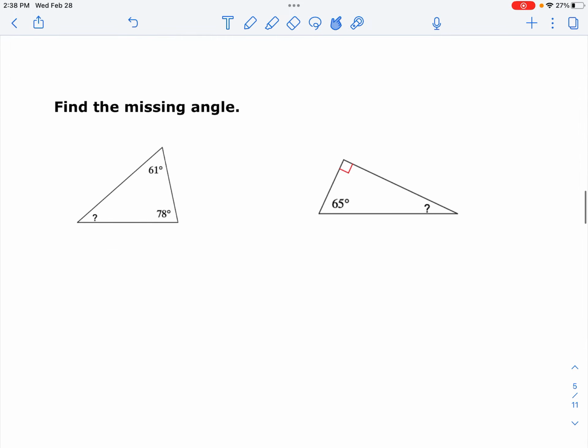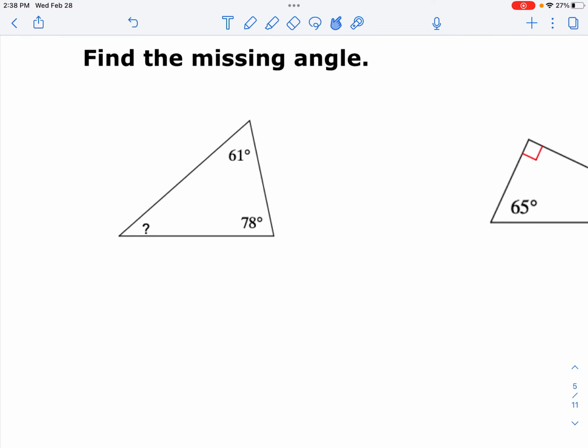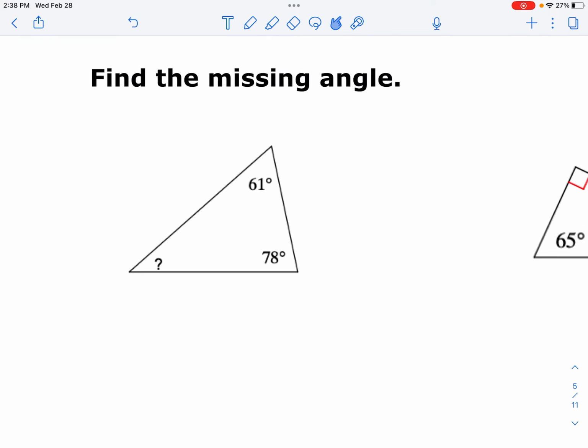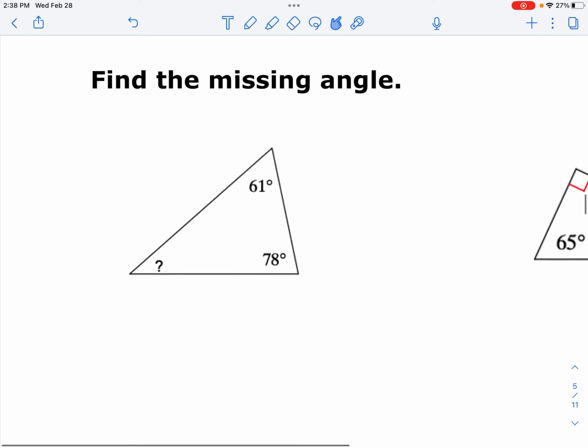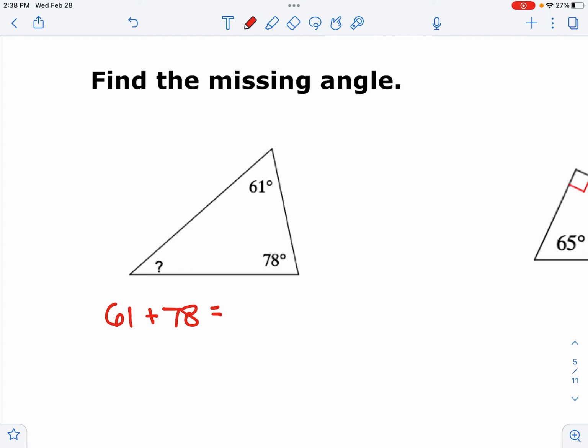Okay, so if you know two angles in a triangle, you should be able to find the third. In this first picture, I know one angle is 61, one is 78. If I add those together, 61 plus 78 gives me 139.